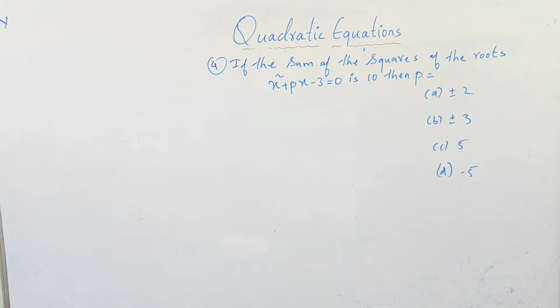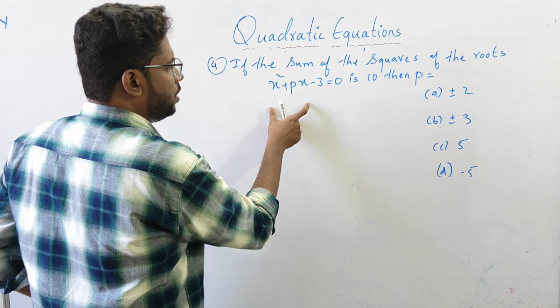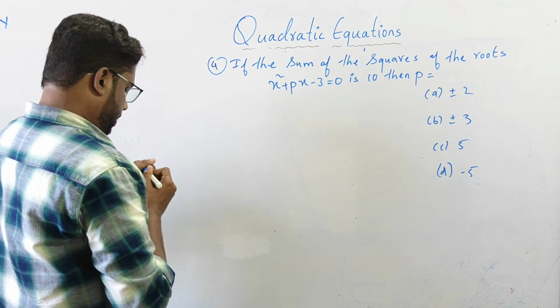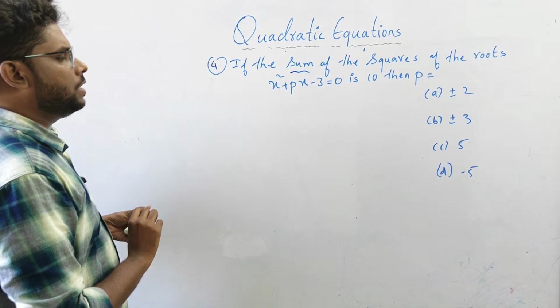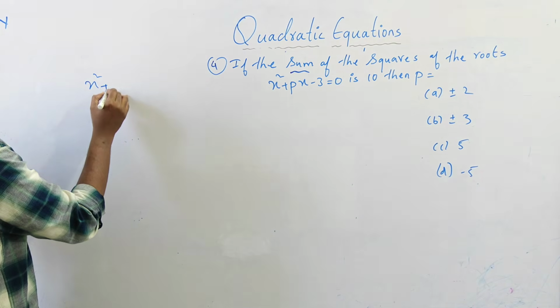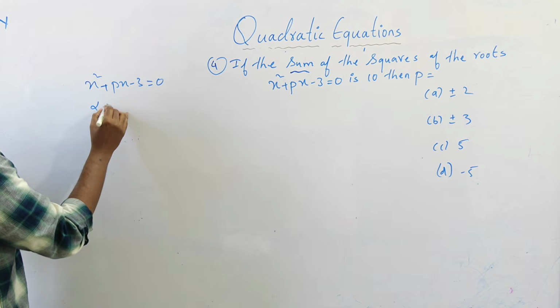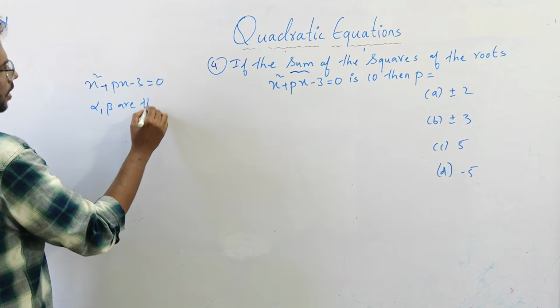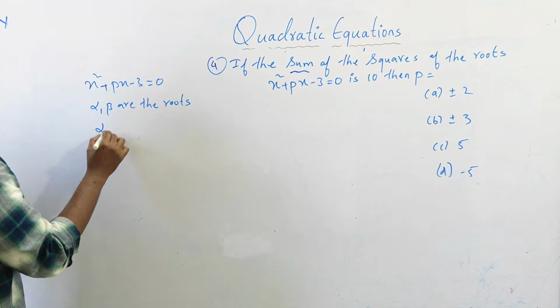Now let us see this question. If the sum of the squares of the roots of this equation is 10, what have they given? The sum of the squares of the roots of the equation is 10, then p equals what? See what is given: x square plus px minus 3 equal to 0. If alpha, beta are the roots of this equation, can you tell me what alpha plus beta is?